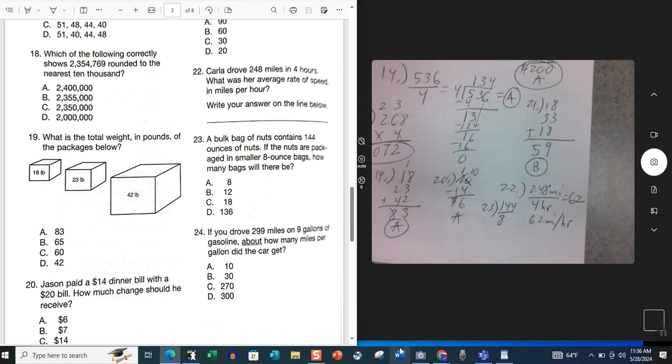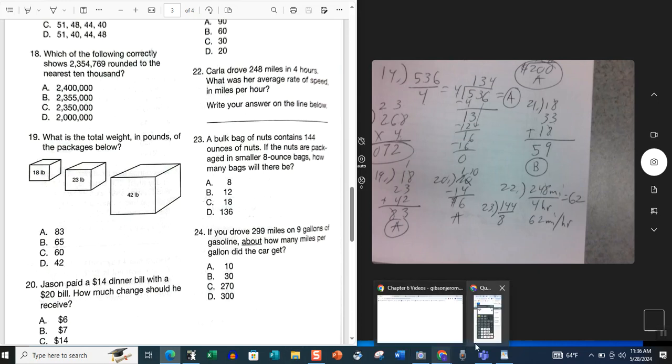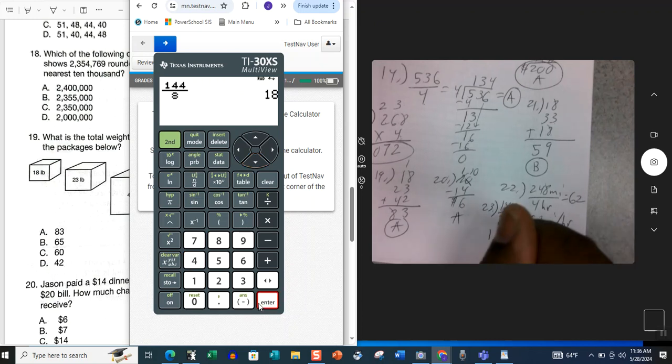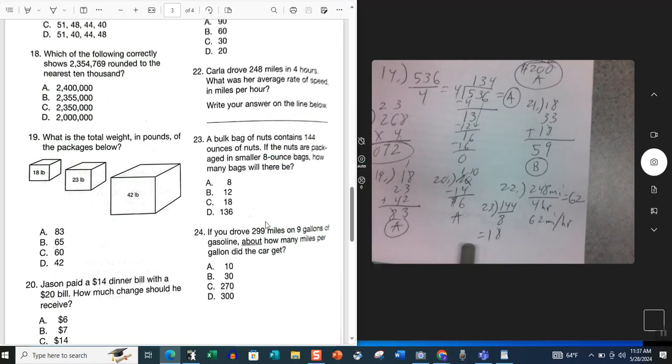So we will go and get our calculator. So we will press N over D, and we'll hit 144, down arrow, hit the number 8, and press enter. So it'll be 18. So that'll be 18 bags that they would need, and so that would be C.